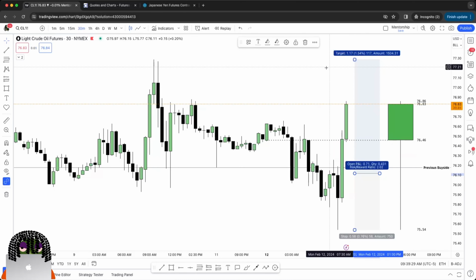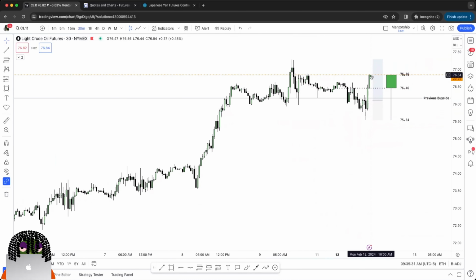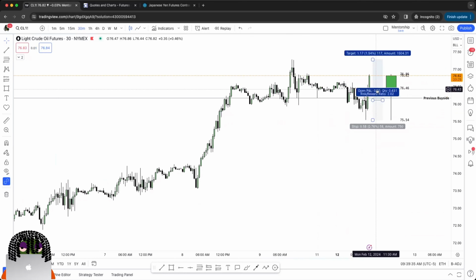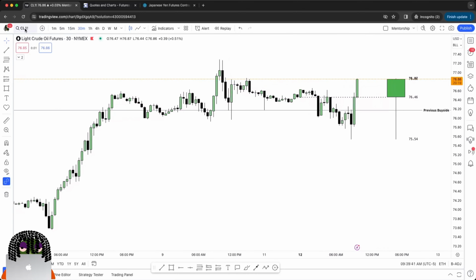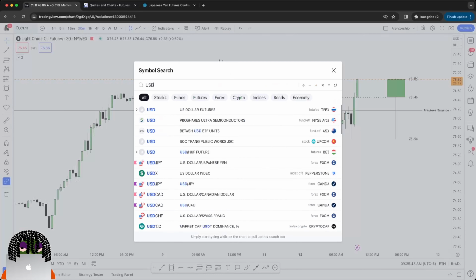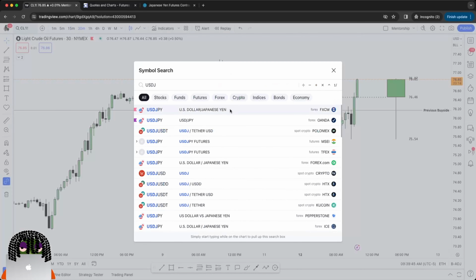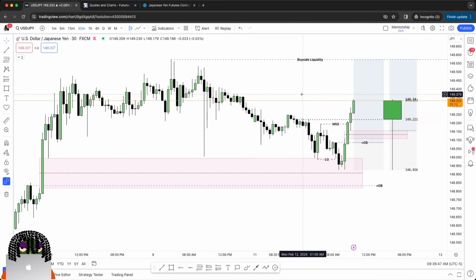And then, yep, that'll be the target, assuming this candle doesn't just push past the high, which looks like it's gonna do. So, let me go back to UJ.